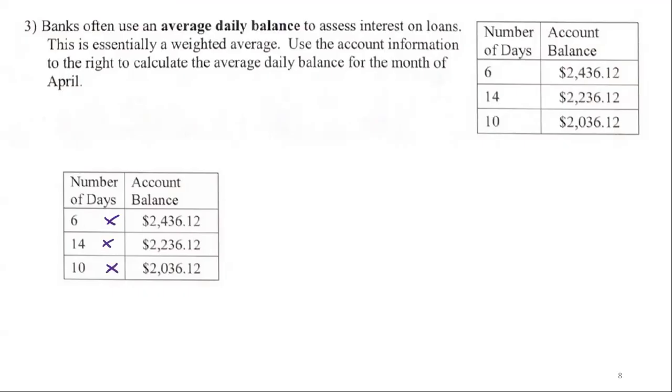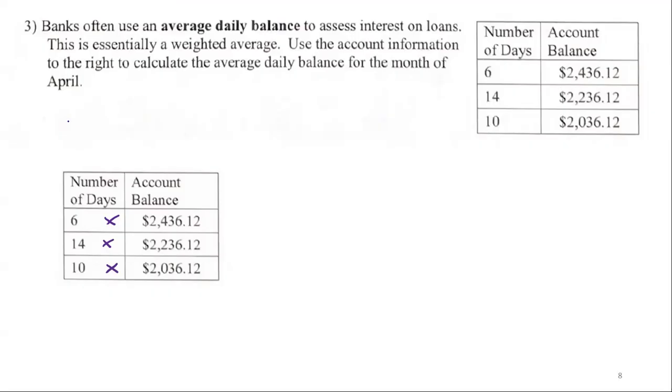So again, what is this saying? It's telling us that if you ever check your bank account, you'll see how much money you have in your account every day. And sometimes it fluctuates depending on whether you bought something or deposited something, or maybe it stays the same.